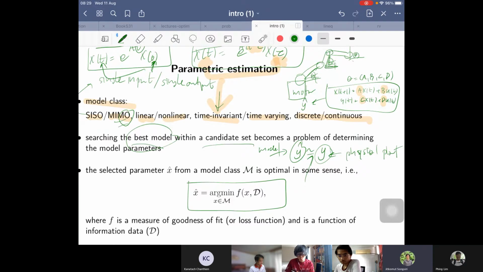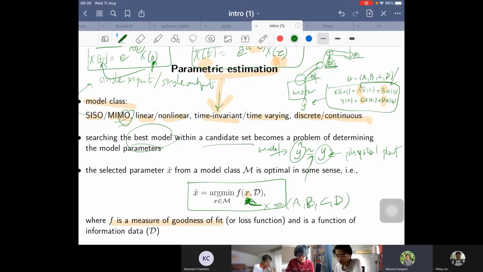We have f that represents a measure of goodness of fit. Your x is the model parameter, so it's theta here. Sorry, I used the same notation, but my x in this optimization is actually the problem parameter, not to be confused with x as a state variable here.